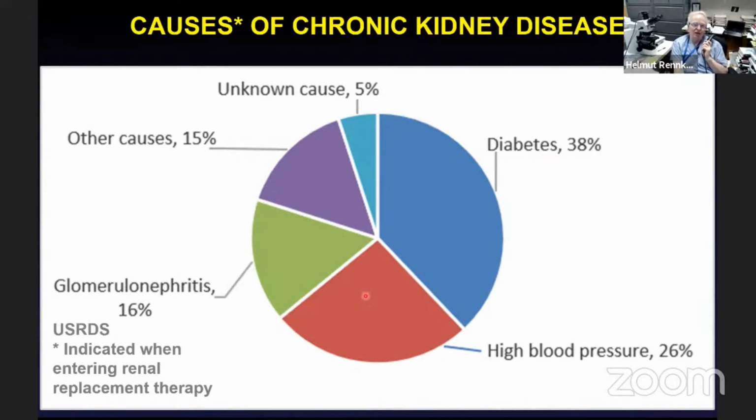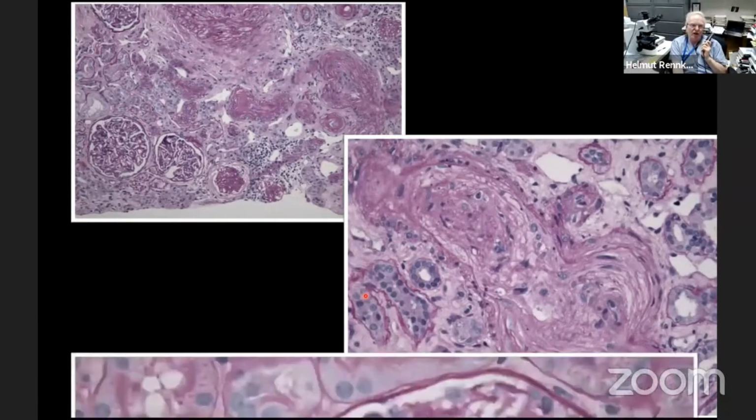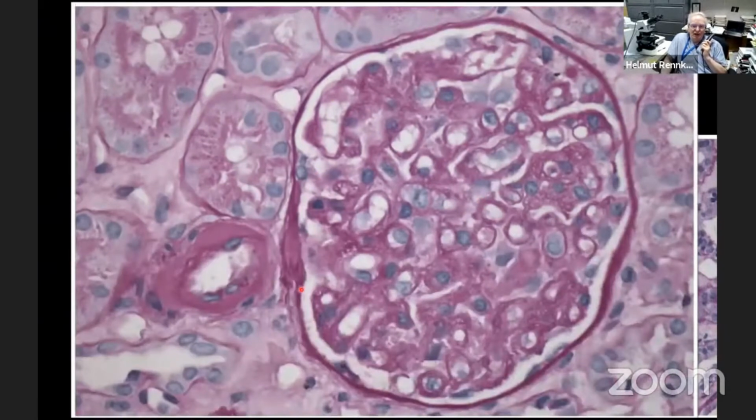So if you look at this from a slightly different perspective, this nephrosclerosis, and you look more carefully morphologically, you will see that these patients often have, like in this case, remodeling of the capillary wall with double contours. This often gets then confused with the membranoproliferative GN as opposed to the membranoproliferative pattern of injury.